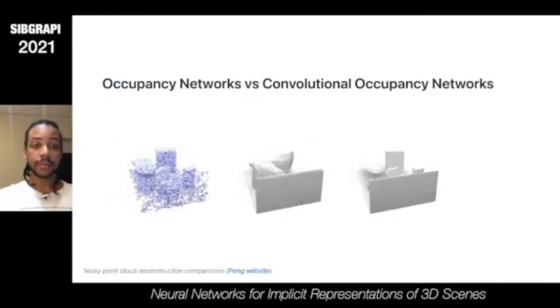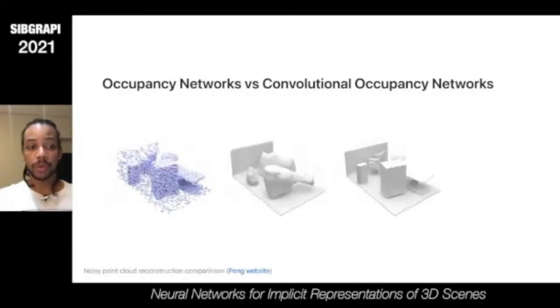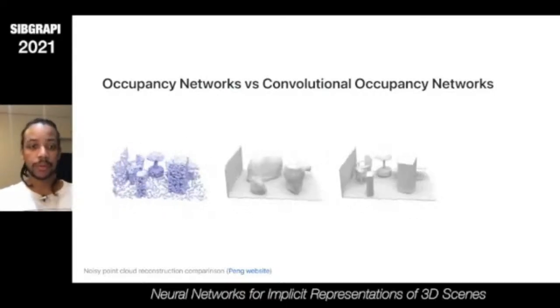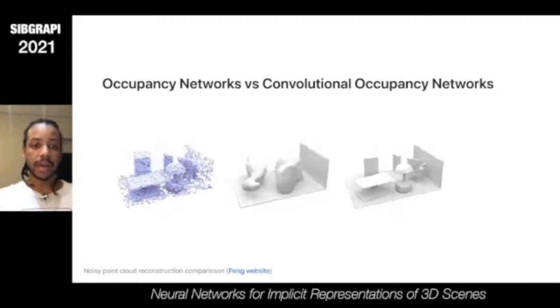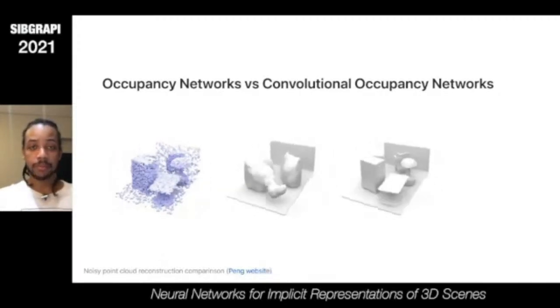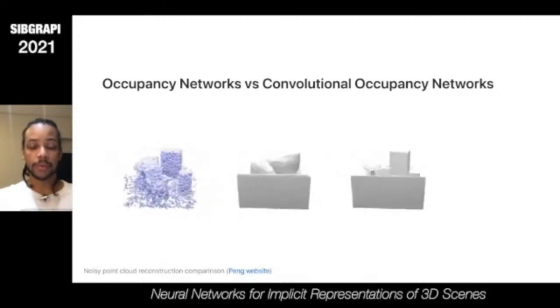Here we can see a comparison between occupancy networks, a model of first generation, and convolutional occupancy networks, this work from second generation. On the left we have a noisy point cloud, which is the input to both algorithms.